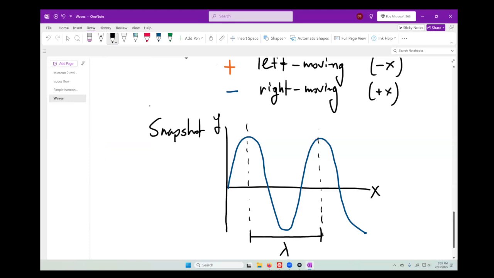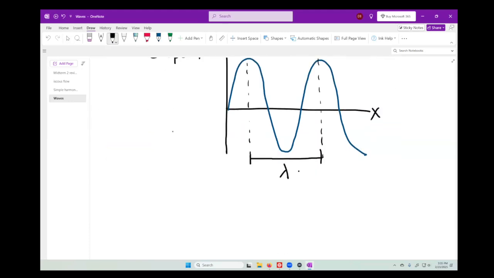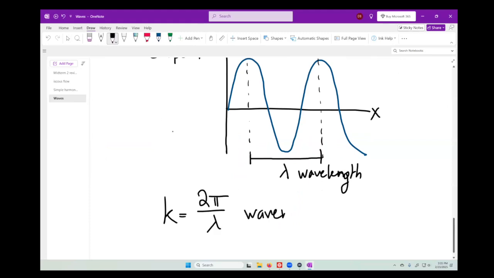We can interpret that as the distance between the peaks. And then k is 2 pi over that. And we call that the wave number.